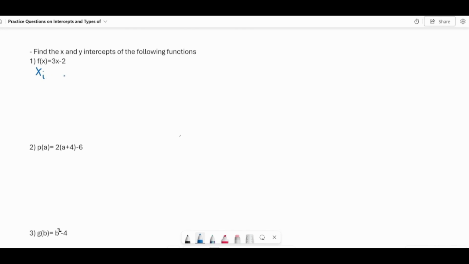To find the x-intercept, we know that the y-coordinate is always 0. So all we have to do here is remember that y is equal to f of x. We have studied this in function notation. Here y is not given, but it's pretty clear that you have to put f of x equal to 0. So 0 is equal to 3x minus 2.